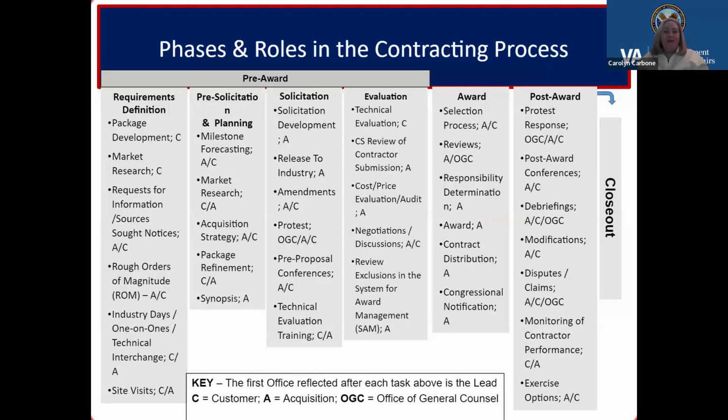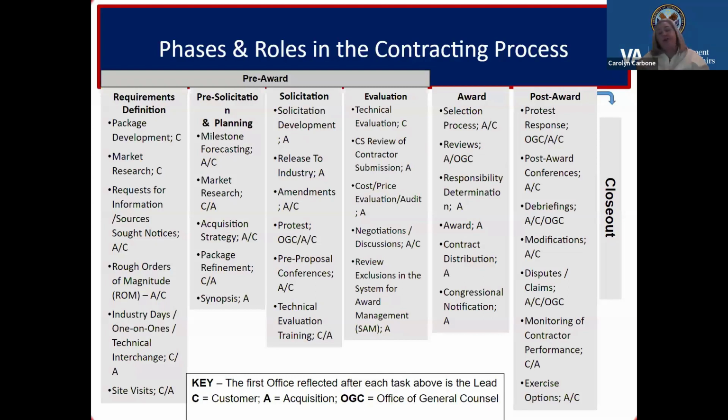All right, I normally don't include such a busy slide in a presentation, but I really like this slide because I think it's a great takeaway slide. It's one that we use in our customer training sessions that we do at the Technology Acquisition Center. And this really defines for you at a high level the 6 different phases of an acquisition process. So we have requirements definition, pre-solicitation and planning, solicitation, evaluation, award, and post-award.